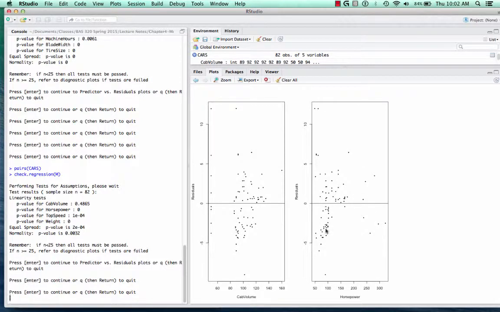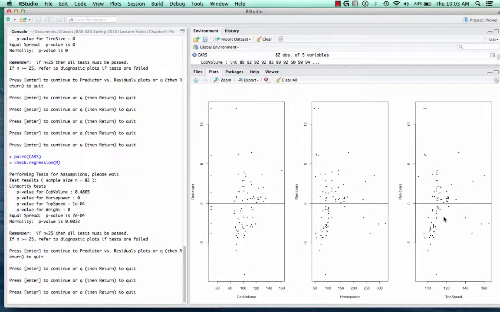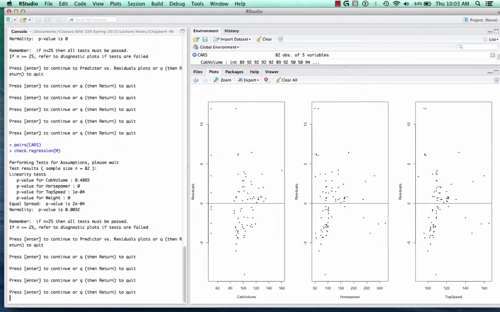Now, how do I pick this up? Well, on the far left of this plot, I see points above and below the horizontal line, so I see positive and negative residuals. But there's this pretty big chunk right in here where all the residuals, or all but one, are positive. So that's why I'm really picking up this sort of curvature in here. With top speed, I see the same sort of issue, where wow, this big chunk where all the residuals are positive, it looks like the residuals might actually be curving up or something.